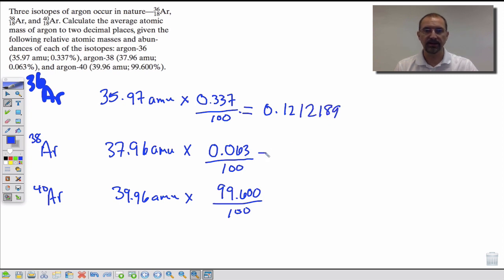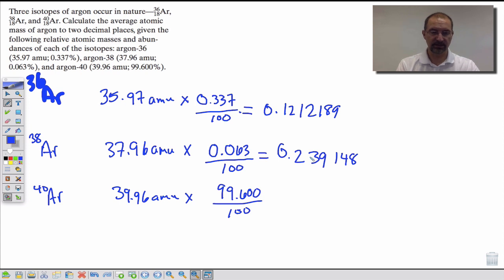0.121218. And then on this next one, 37.96 times 0.063 divided by 100, I get 0.239148.